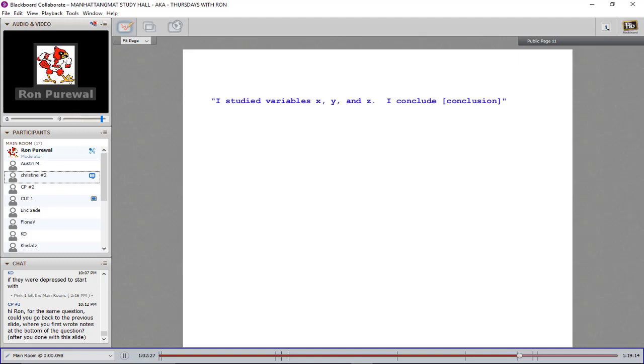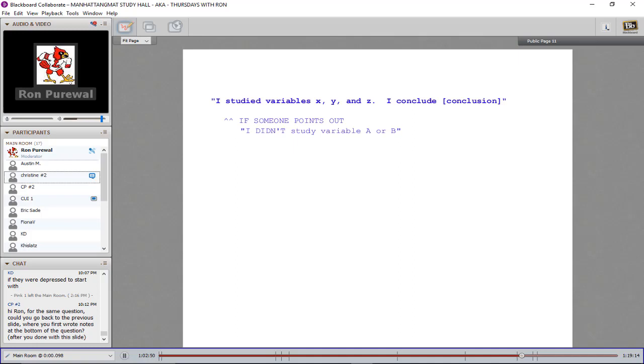If somebody points out that I didn't study variable A or B, this could not possibly help me, is the point. There are only two ways that this could happen.